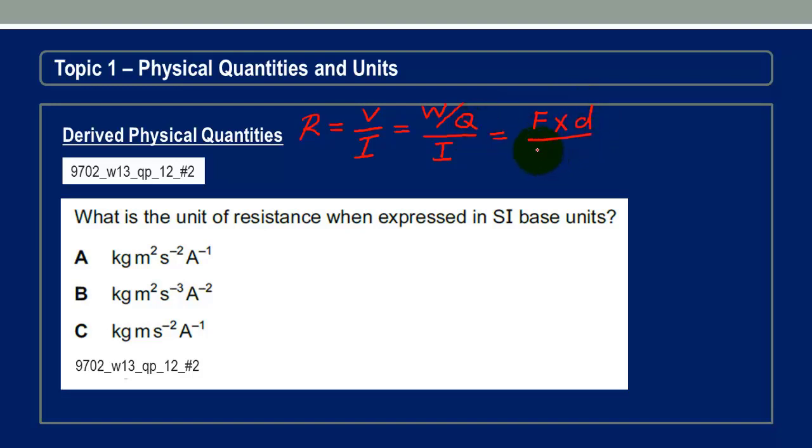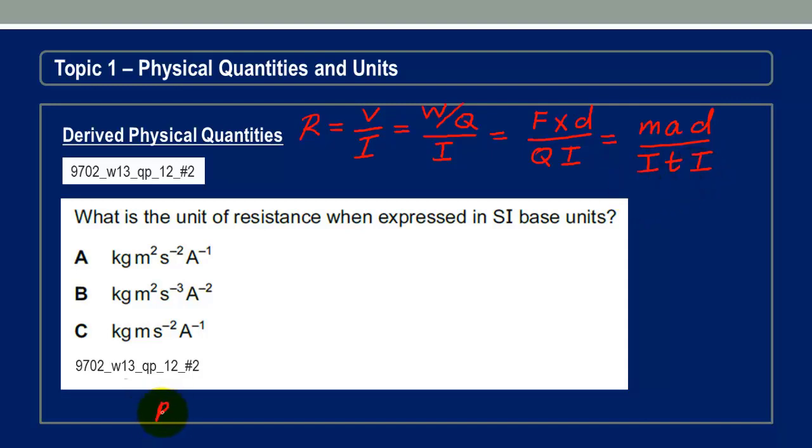Of course, we can have this charge come over here, and we can multiply that by the current. Force is defined as MA, and of course we've got the distance there. Q is I times T, and there is this other I there, this I and this one.